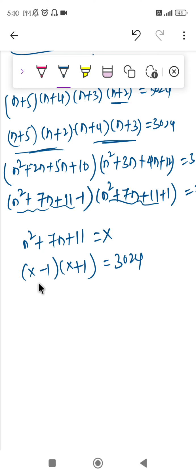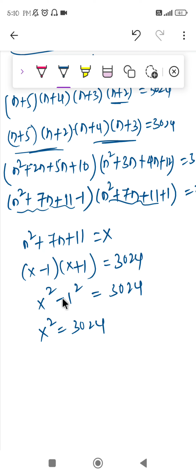And now this is in the formula (a minus b) into (a plus b), then we can write a square minus b square. So x square minus 1 is equal to 3024, and this minus 1, if we take this one, then it will be plus 1, then it will be 3025.